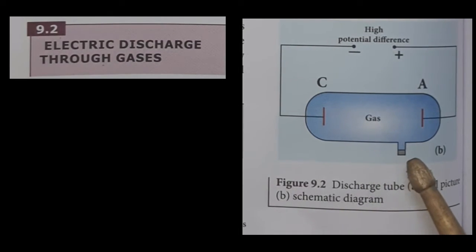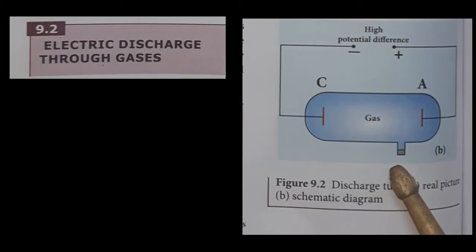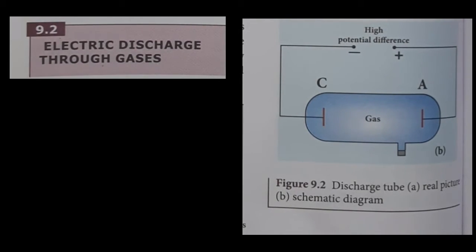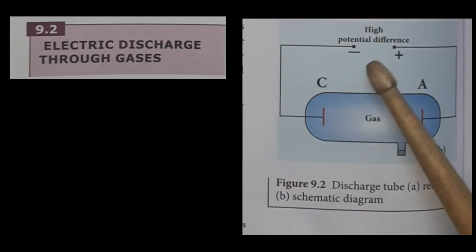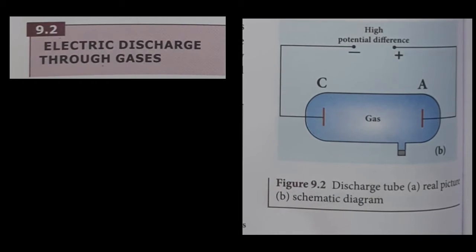When the pressure is reduced to the order of 10 millimeters of mercury, a luminous column known as the positive column is formed from anode to cathode. When the pressure reaches around 0.01 millimeter of mercury, the positive column disappears.